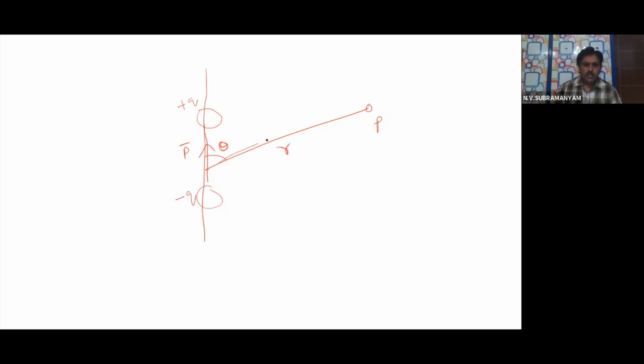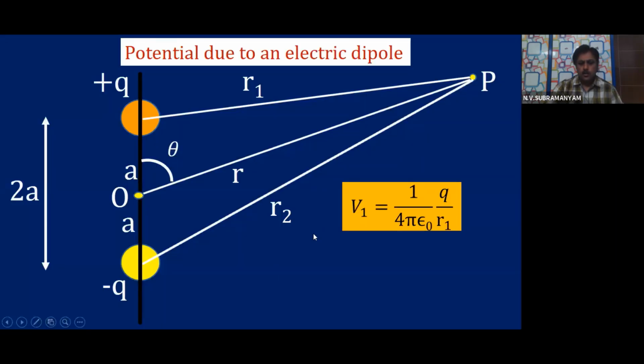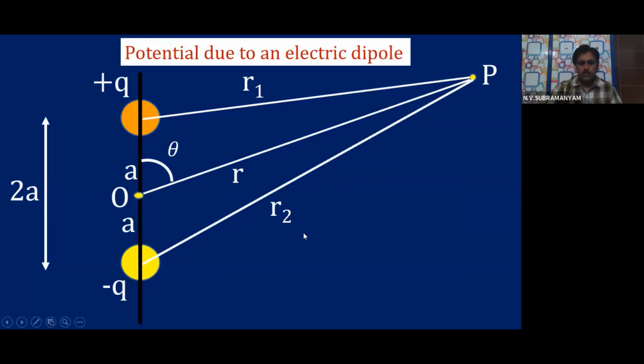If I consider the direction from O to P, take a unit vector r cap in that direction of r, then I can take the angle between p bar and r cap. So theta is the angle between the line joining O to P and p bar. I hope it is clear. So the diagram is clear, children.